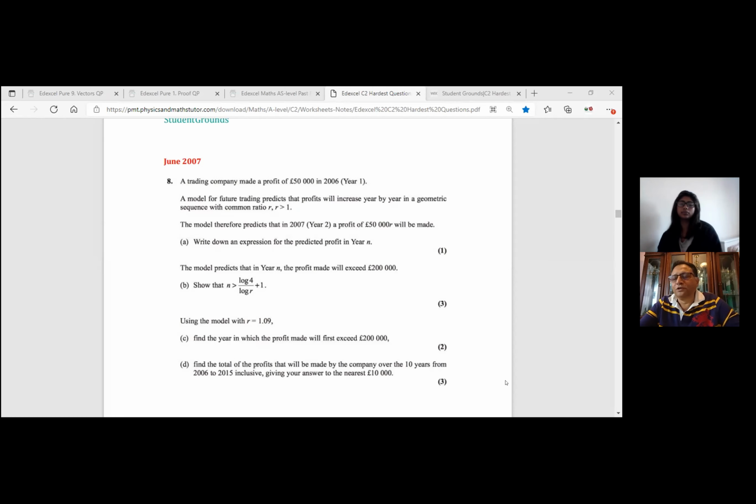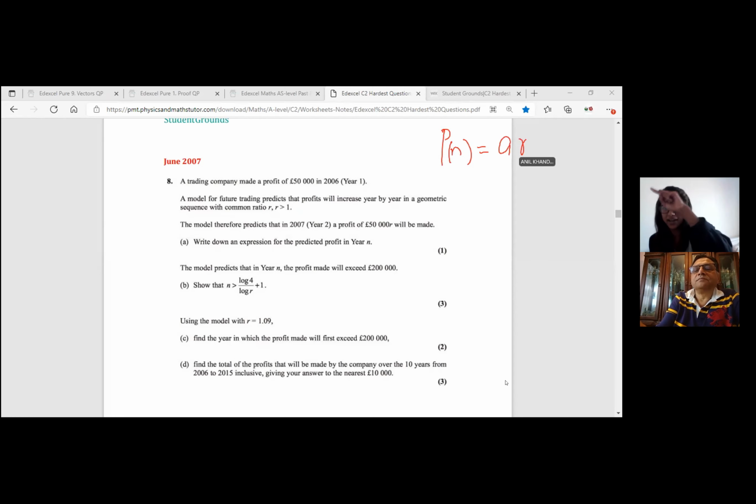Okay. So, how will you do it? What will be your expression for the profit? So I know it says geometric sequence, and usually the formula that we use, when you're trying to find the nth term, is a times r to the power of n minus 1.